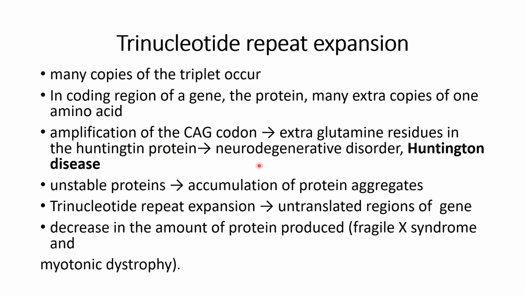Huntington protein is the repeat expansion of trinucleotides, these trinucleotides CAG.